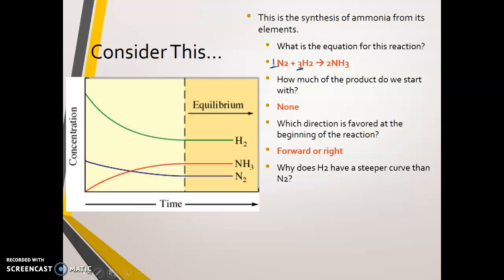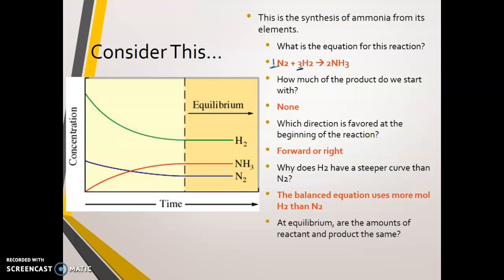Why does H2 have a steeper curve than N2? Well, if we look at our balanced equation, we have 3 molecules of H2 that are required to react with 1 molecule of N2. So we have more of that reactant, so that's why it's going to be steeper. The balanced equation uses more moles of H2 than N2.